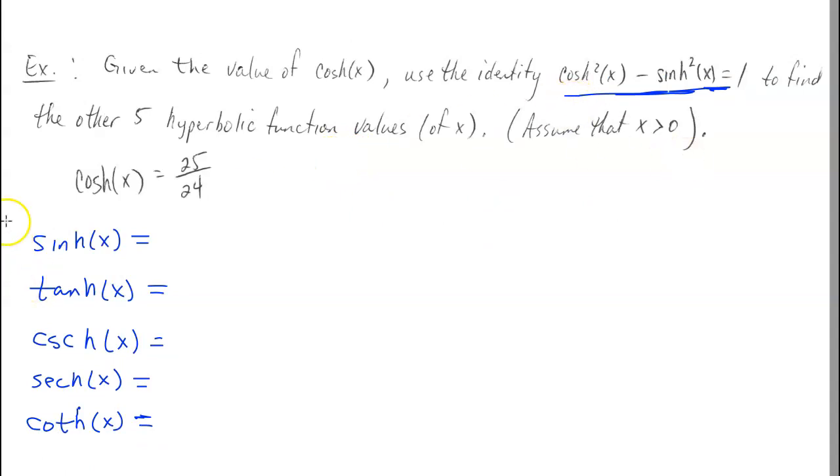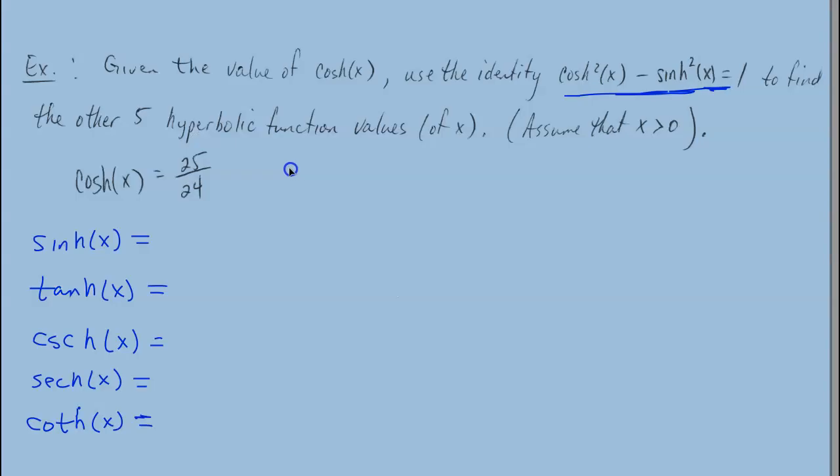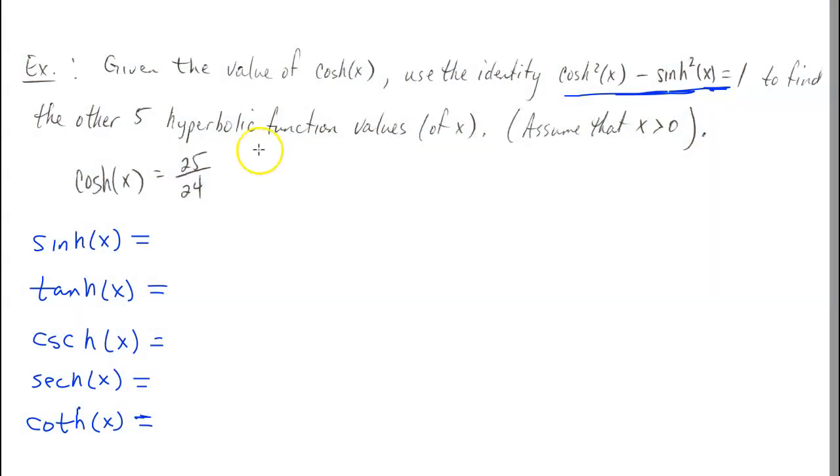To start off finding sinh of x, we can use this identity. If we use it, cosh squared is going to be (25 over 24) squared, minus the square of what we're looking for, and that will equal 1.